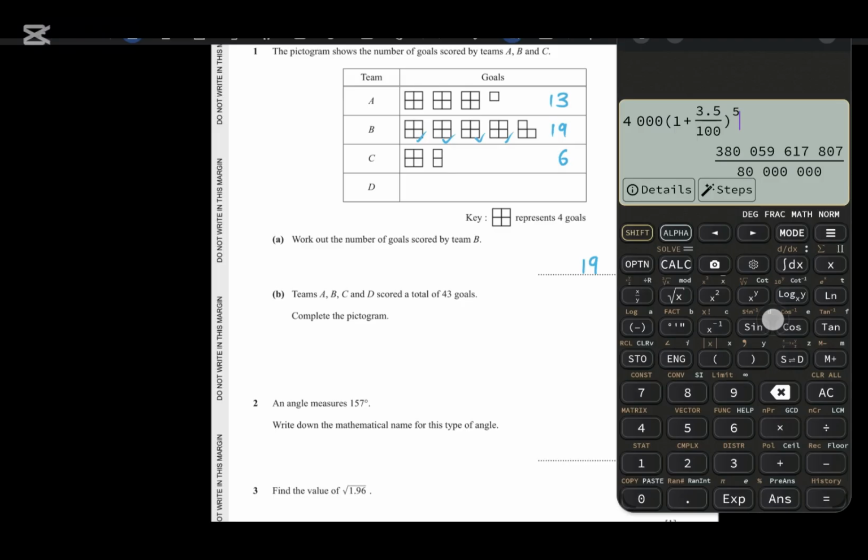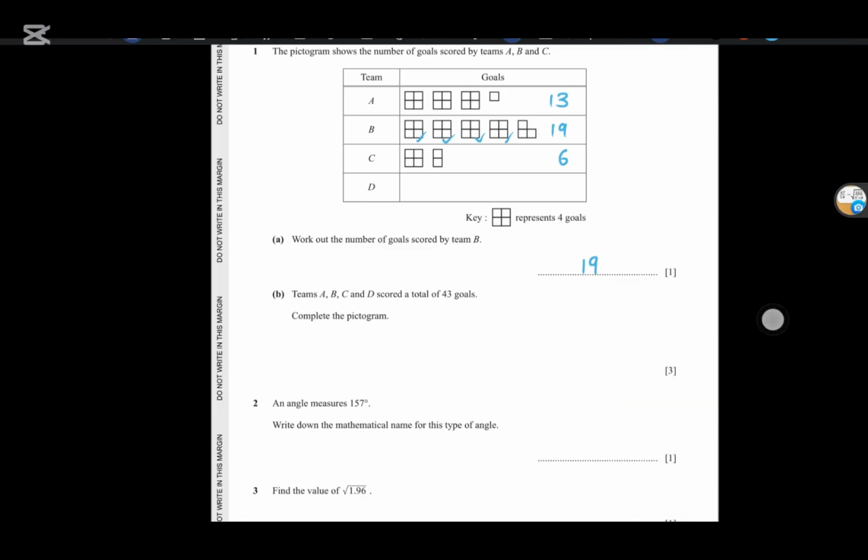Add them. 13 plus 19 plus 6, 38. So this is the total which A, B and C scored, and the total of 4 teams is 43.